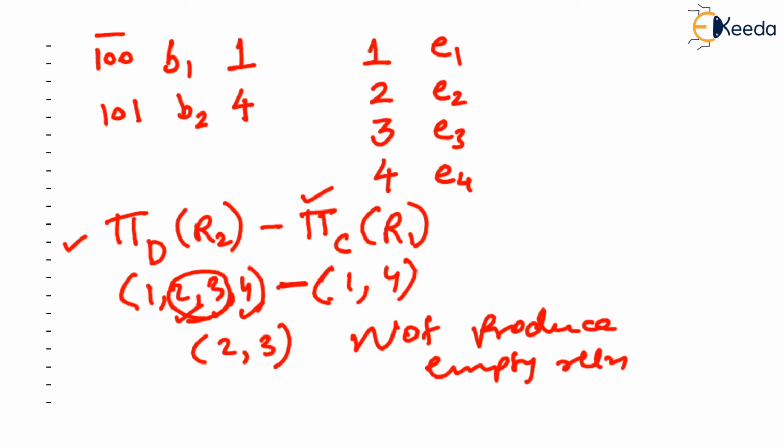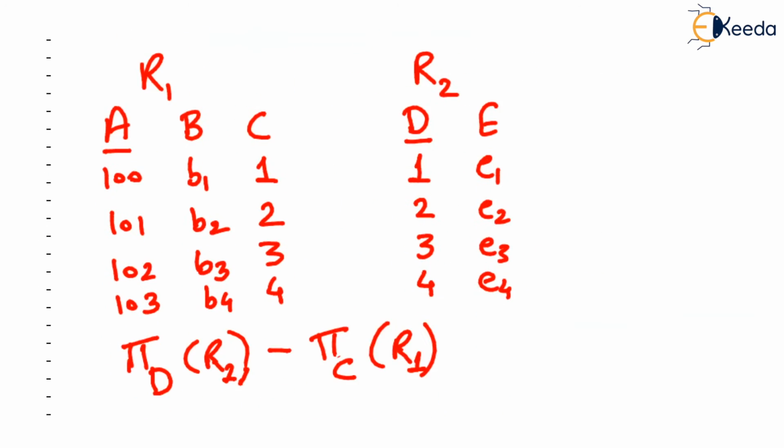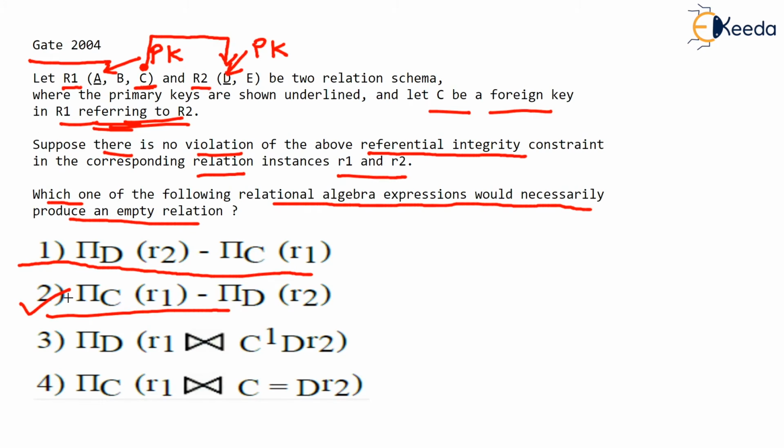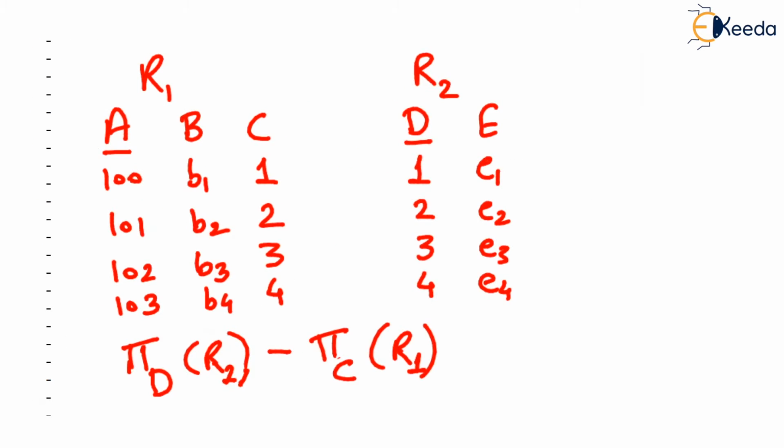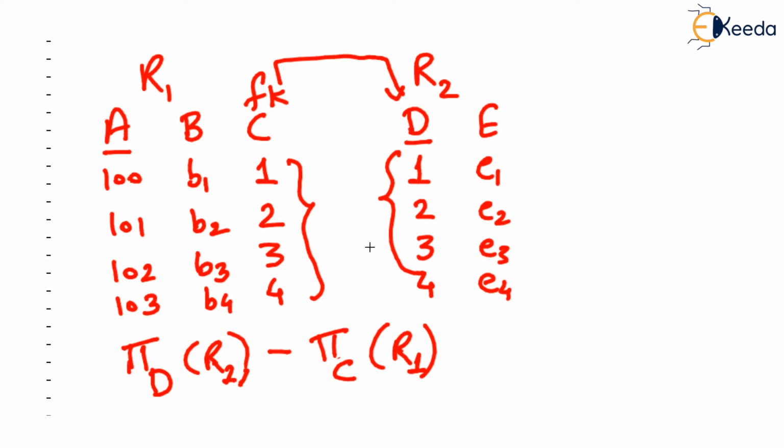Before we jump to conclusion, I got another example here. We are still sticking to the first option. The first option here. Project D from R2 minus project C from R1. So, what do you say about these two examples? What I have done here is, I know that C is the foreign key, which references D. What I have purposely done is, I have taken all the values of D into C here, which is perfectly valid.